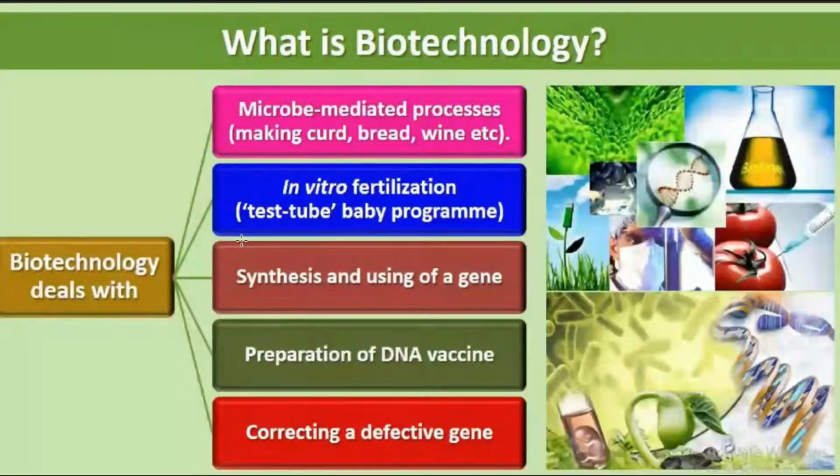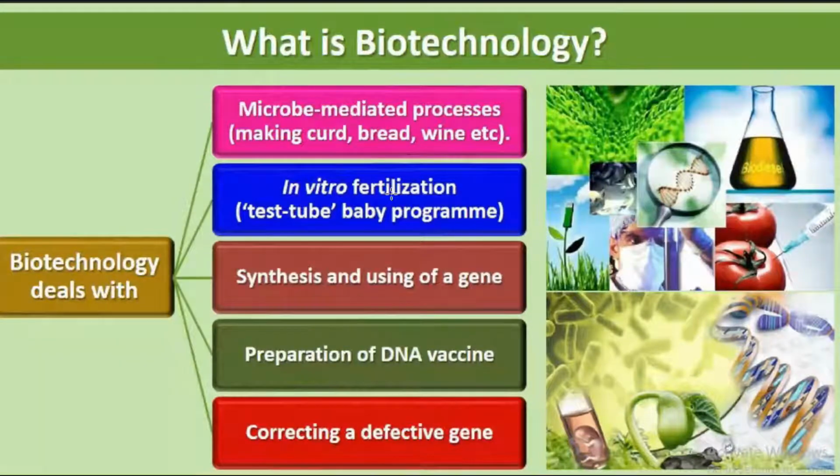Next, what is the aim of biotechnology? Or biotechnology deals with what all things? In which all areas can we see the applications of biotechnology? First one, microbe mediated processes that we have discussed, making curd, bread, wine, etc. Second one, in vitro fertilization.